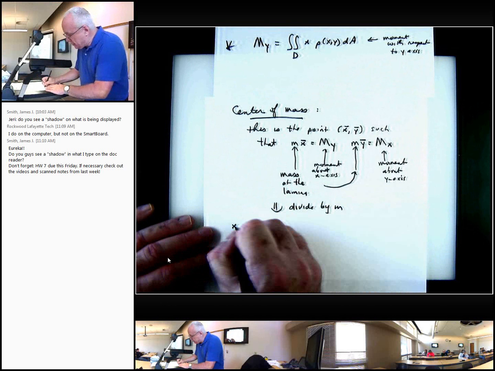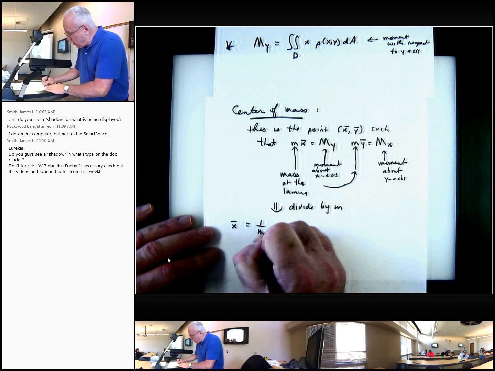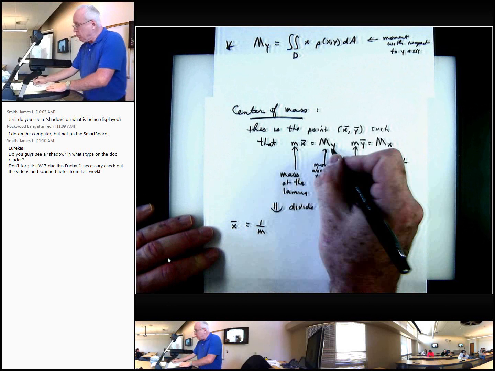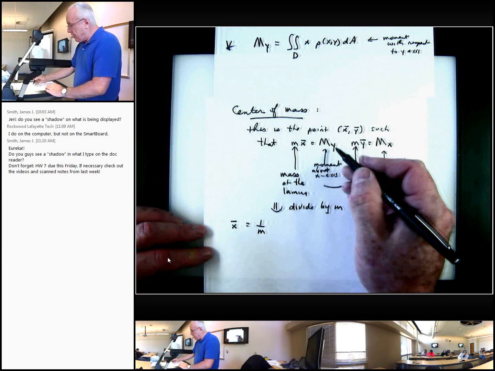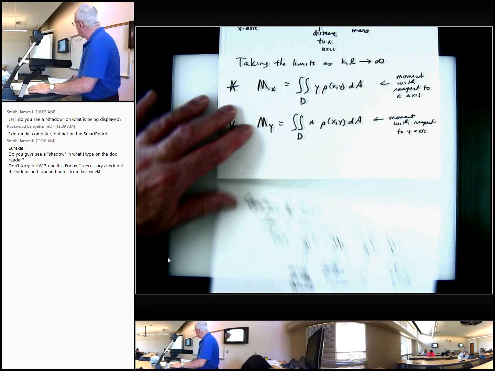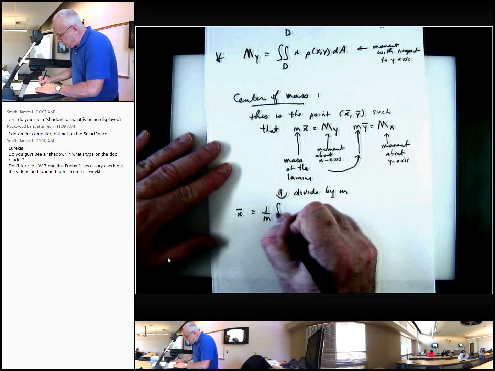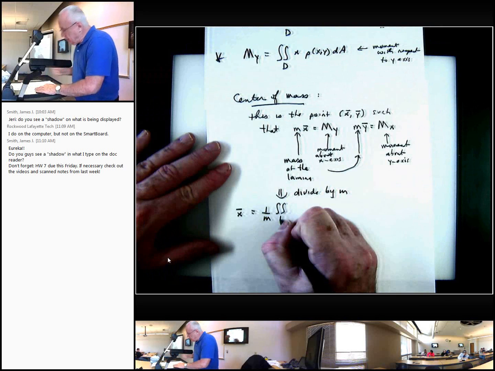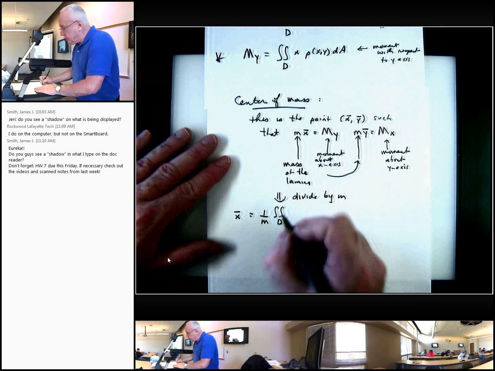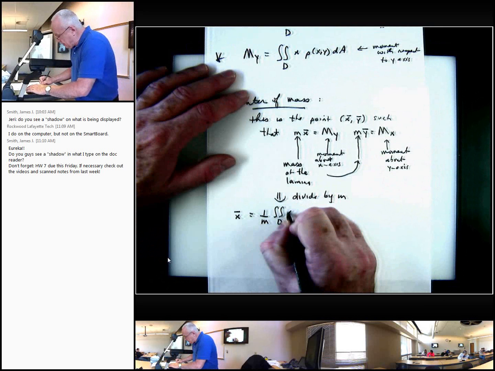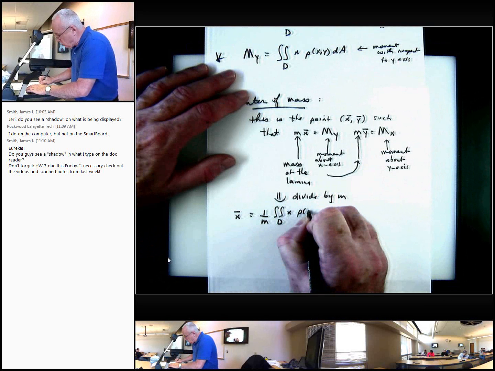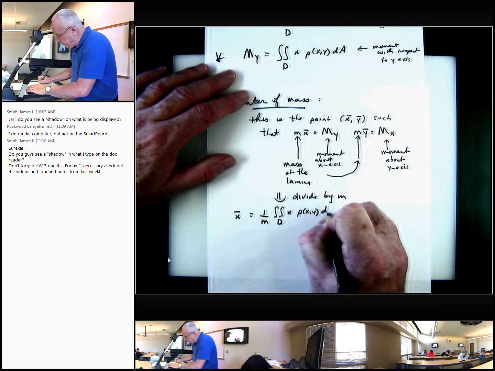So if we divide both sides of this equation by the m, we get x bar is equal to 1 over m. Now I'm going to replace my formula for capital My with what I have written right here. So that's 1 over m times the double integral over D of x rho x,y dA.